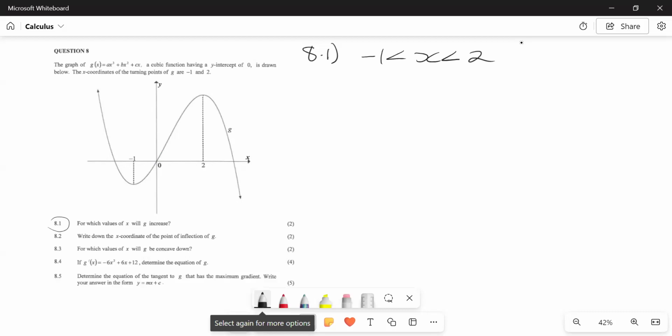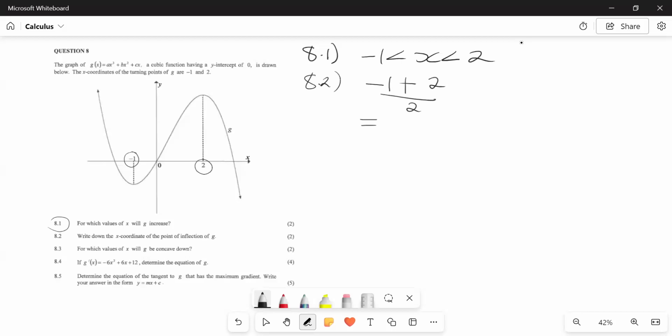But for this situation, we don't have the equation of the cubic function, so we need to use the average between our x-coordinates at the turning points. So we have -1 as well as 2. For 8.2, we just need to say -1 plus 2, all divided by 2, to get the x-coordinate of the point of inflection.